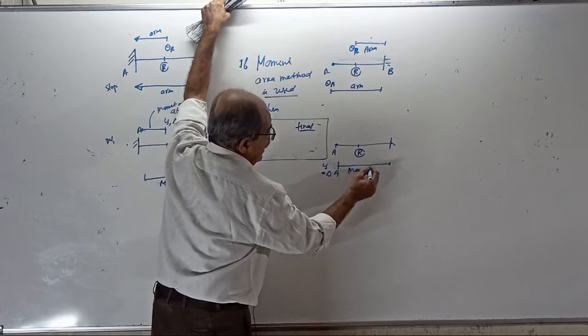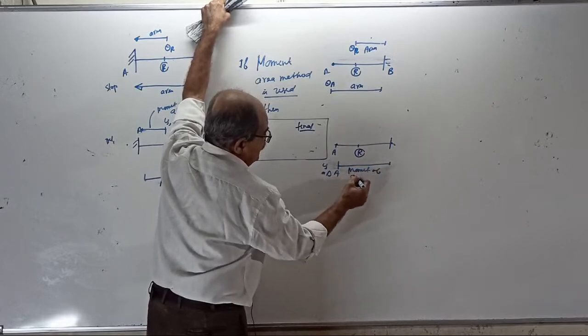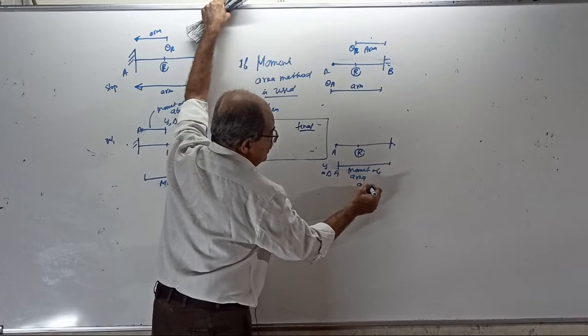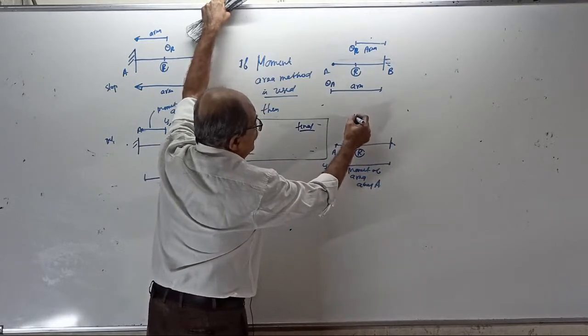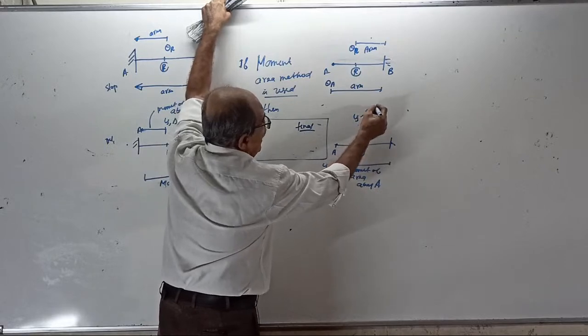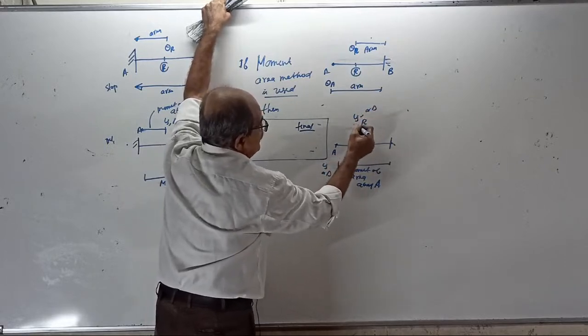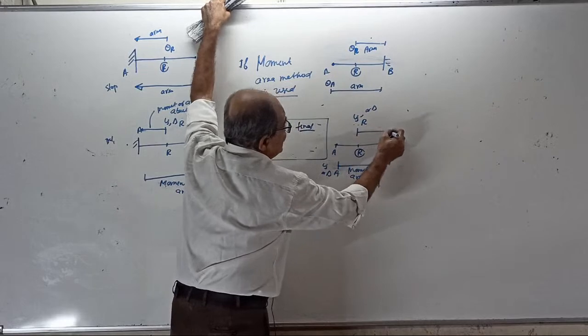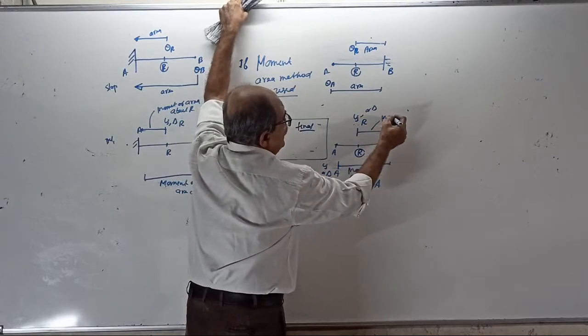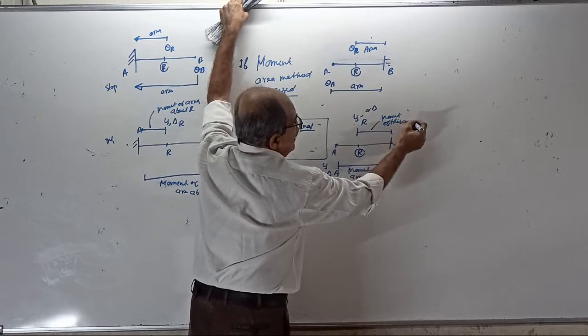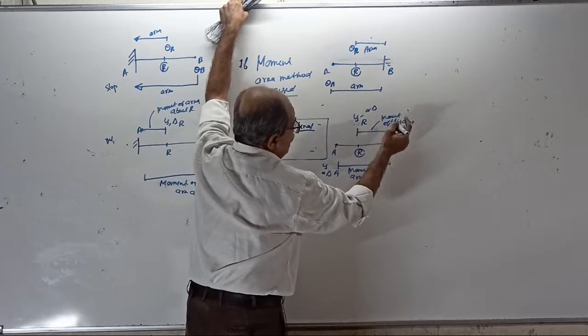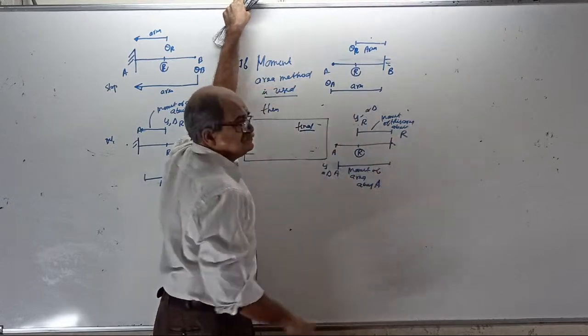Moment of this area about where you want deflection, about A. Suppose I want deflection Y or delta at R, then from R up to the fixed end, the moment of this area about R, not about the fixed end.